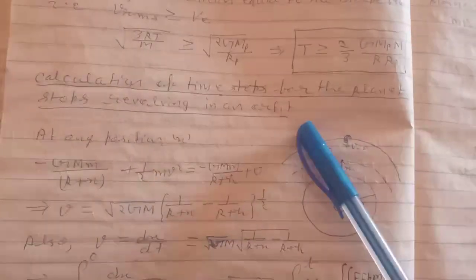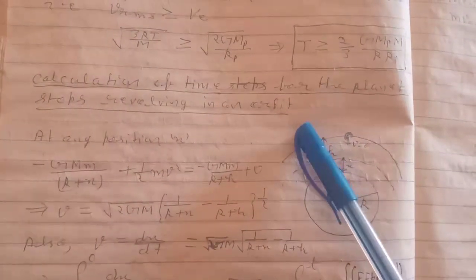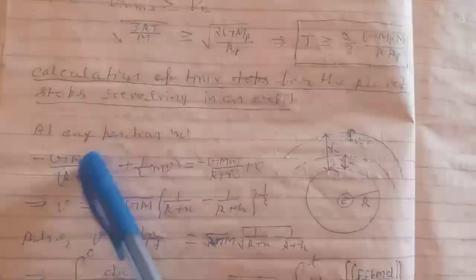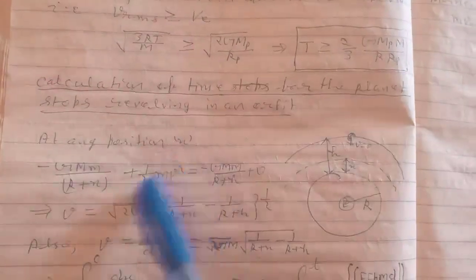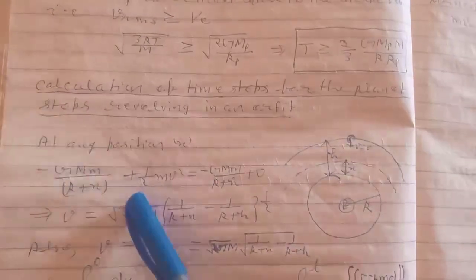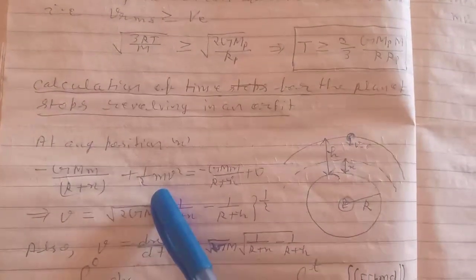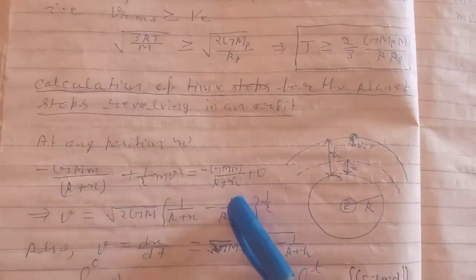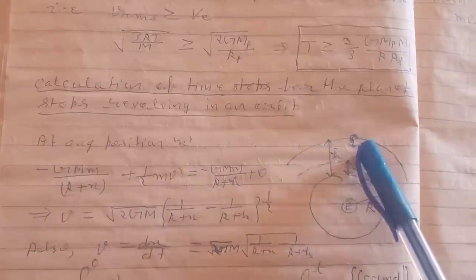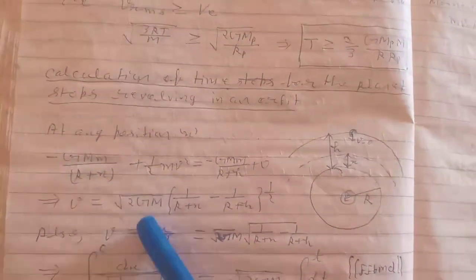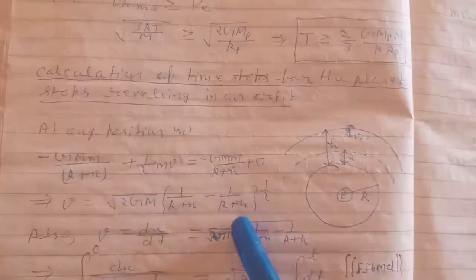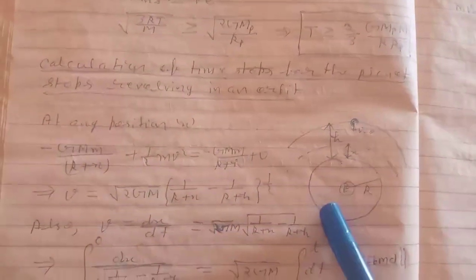Calculation of the time for the body to stop, that is, to come to rest in an orbit. At any position x, −GMm/(R+x) + 1/2 mv² = −GMm/(R+h) + 0, because the velocity is 0 at this point. So v = [2GM(1/(R+x) − 1/(R+h))]^(1/2).